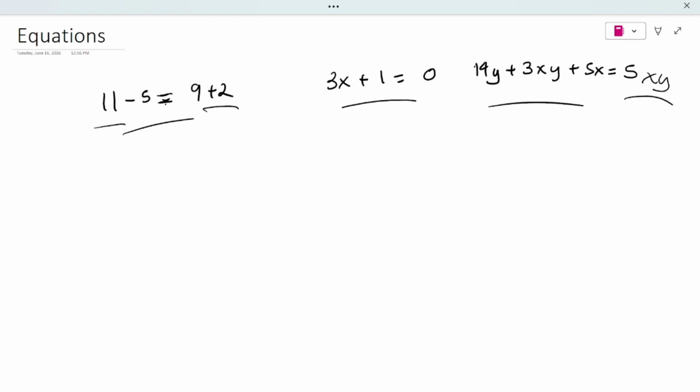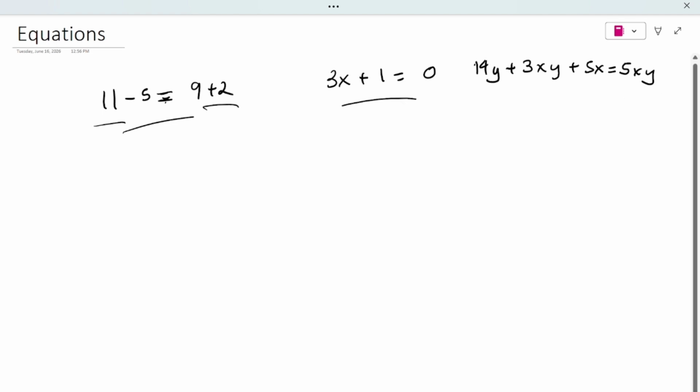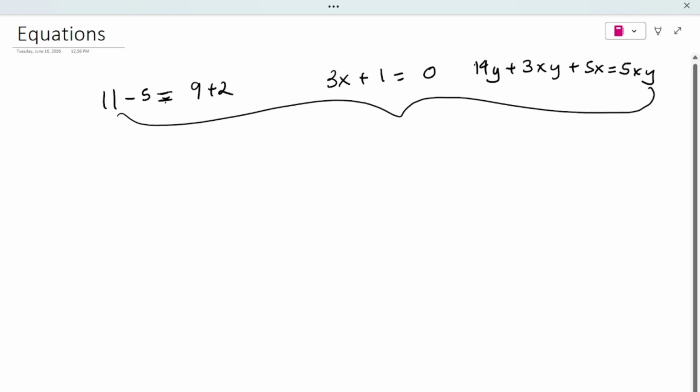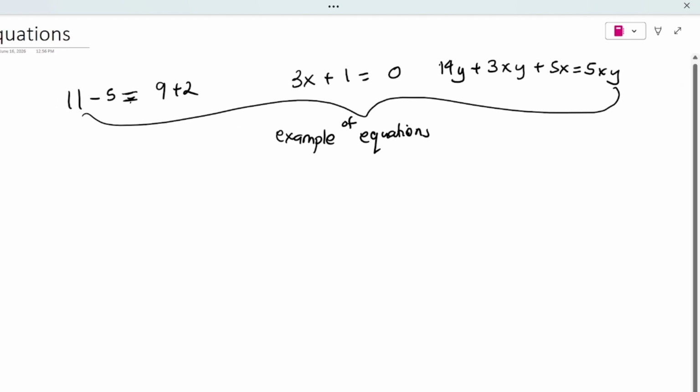So this is the definition of equations, and these are all examples of equations. When you're solving an equation, for example, this is just an arithmetic equation.